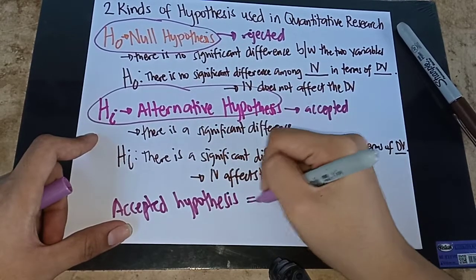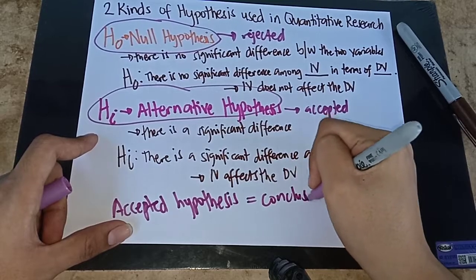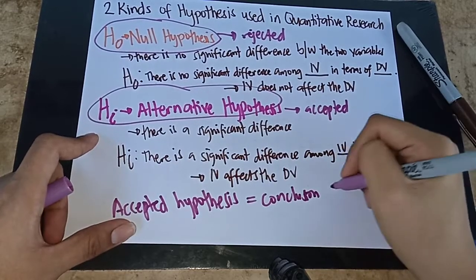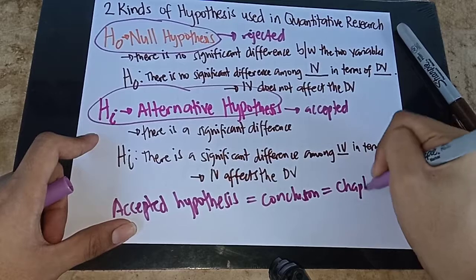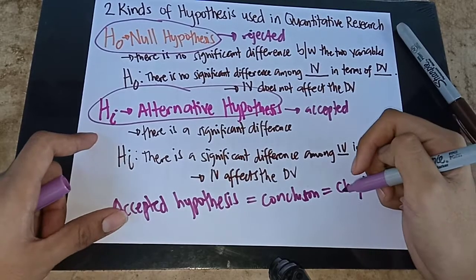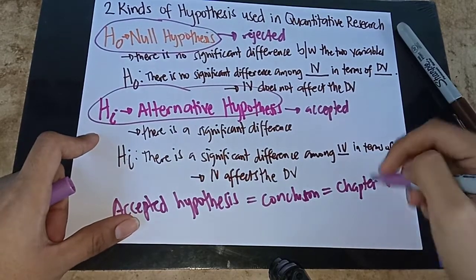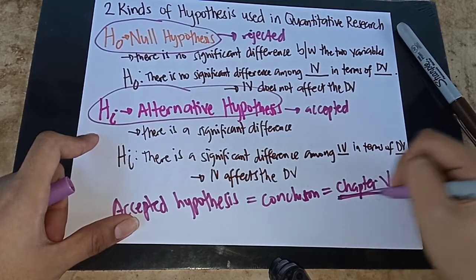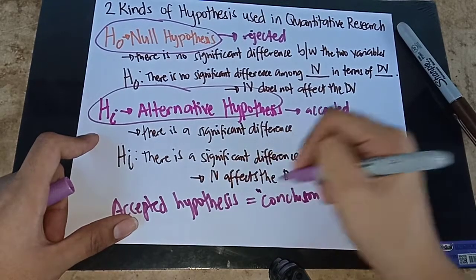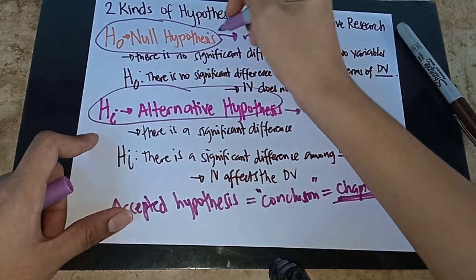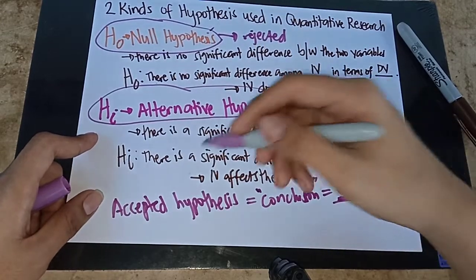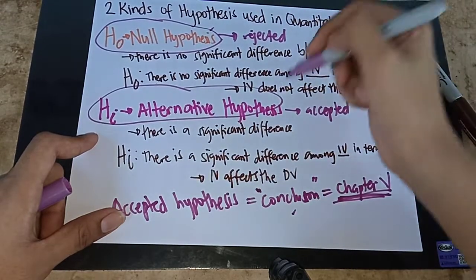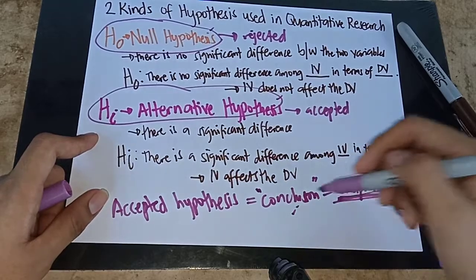And this conclusion will appear in chapter 5 of your research paper. And chapter 5 of the research paper is entitled Conclusion. So whether you accept the null hypothesis, you put it in your conclusion. Whether you accept the alternative hypothesis, you put it in your conclusion.